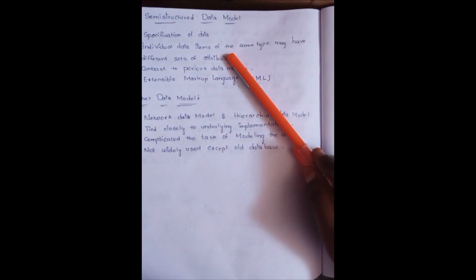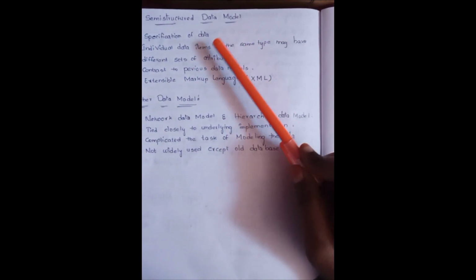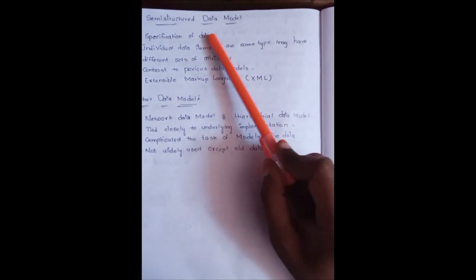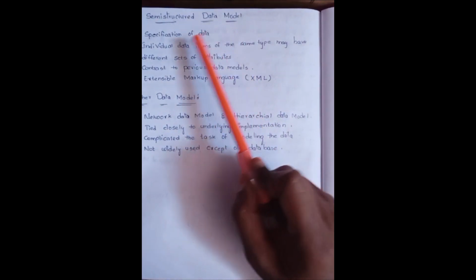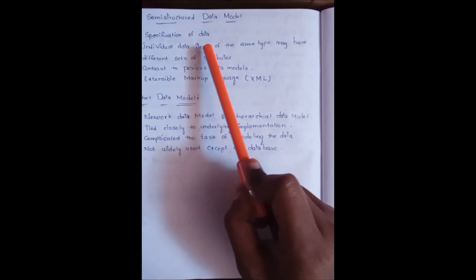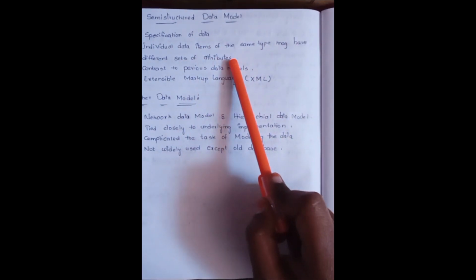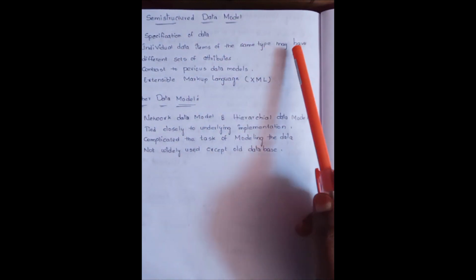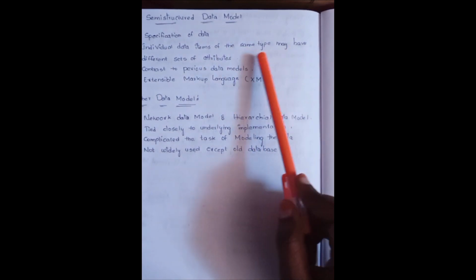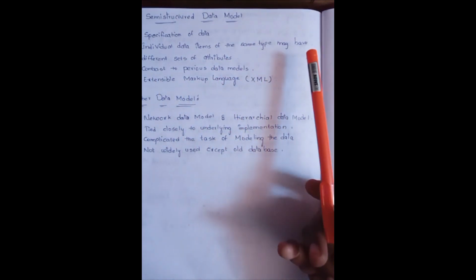The name itself says that this data model is semi-structured. It deals with the specification of the data. What do we mean by this? It means the individual data items of the same type may have different sets of attributes. This data model is used for transferring data among applications. Say there are two different applications and data transfer needs to be done, obviously the data needs to be stored somewhere, right?